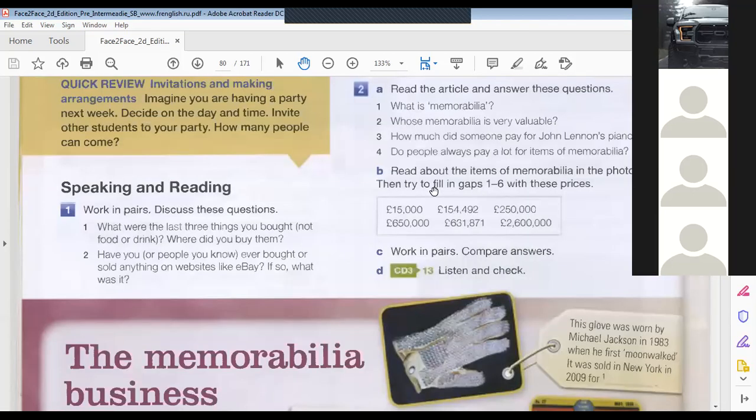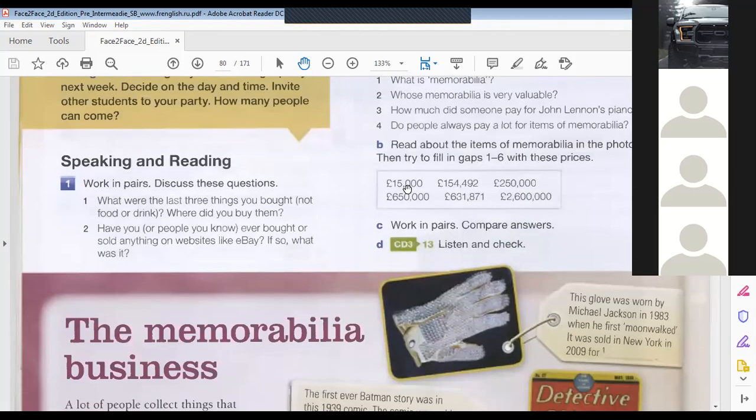Now, the second part of the question is another guessing question. Here I'm just going to read the prices in this box. We have £15,000, £154,492, £250,000, £650,000, £631,871, £2,600,000.